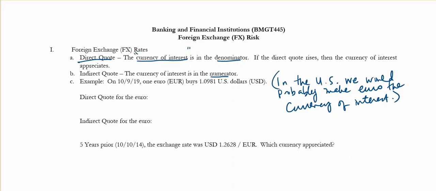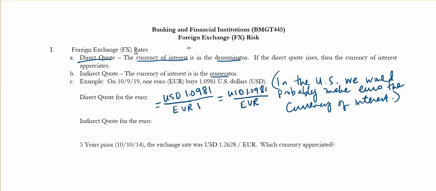Right. Now the direct quote for the euro would be $1.0981 US dollars buys 1 euro, or simply USD 1.0981 for 1 euro.